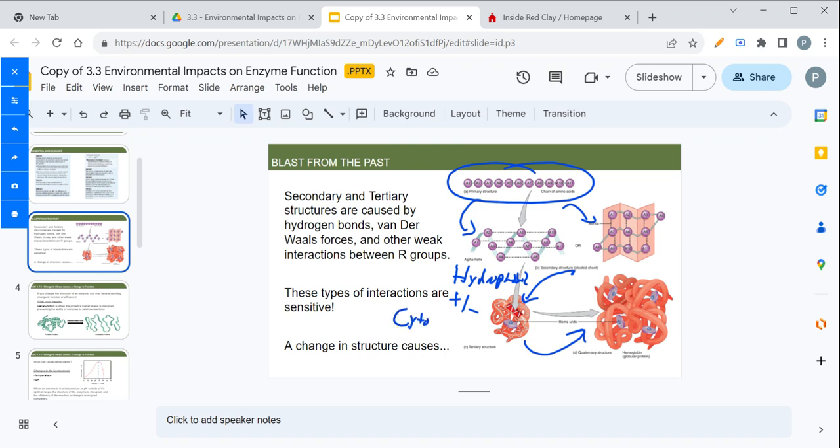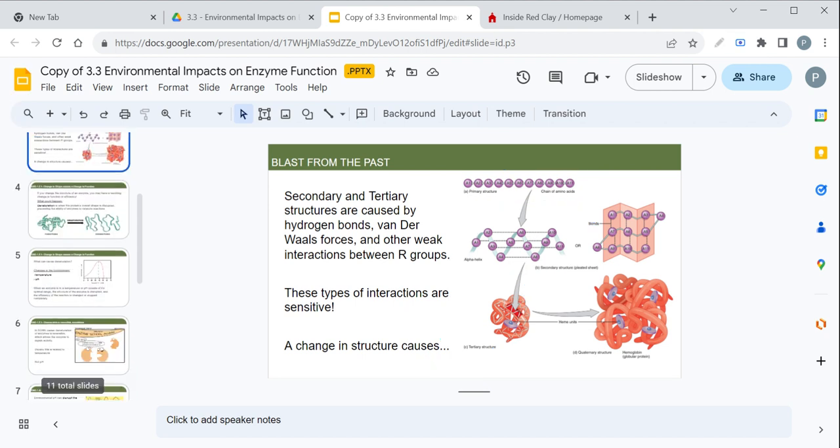The cytosol has a specific salt content and sugar content and pH and all this other stuff, and different parts of your body will have different environmental impacts. Well, if the protein is put into an environment that it likes, it's going to work perfectly fine. But if I put it into an environment that may be completely different, then it's not going to work. And that's really the whole shtick of what we're going to be taking a look at in here.